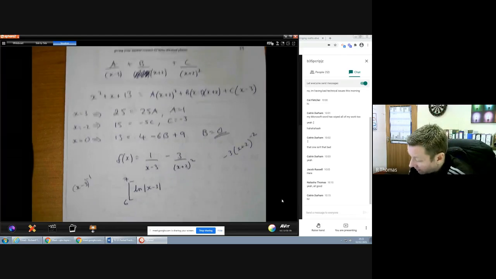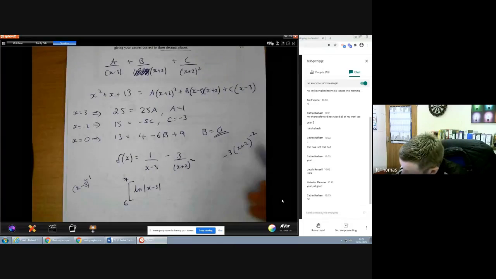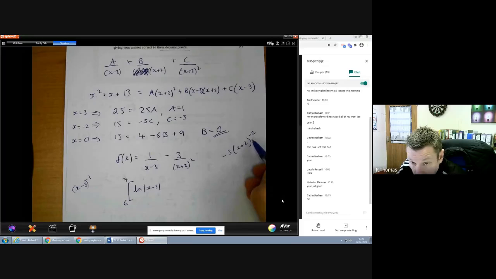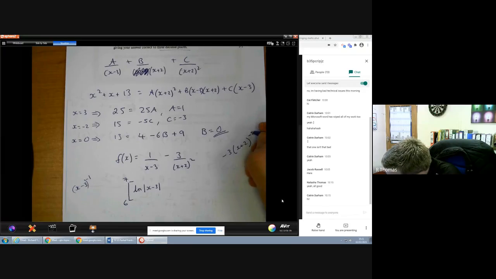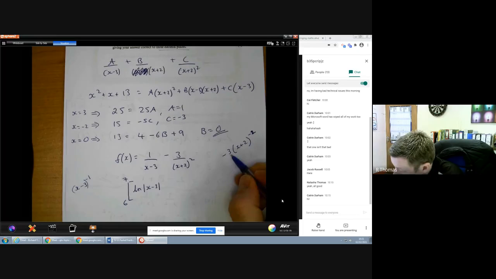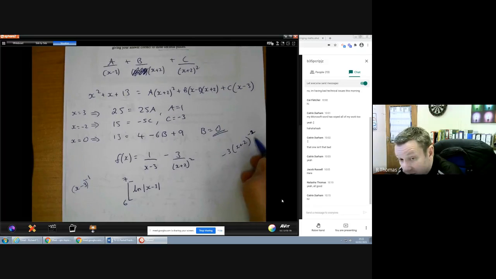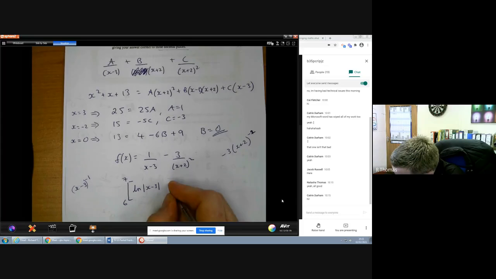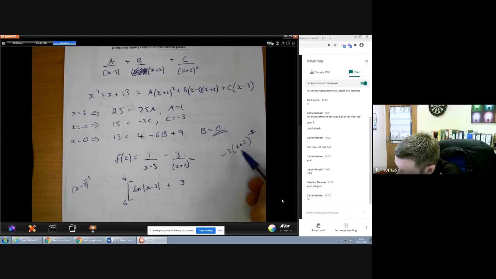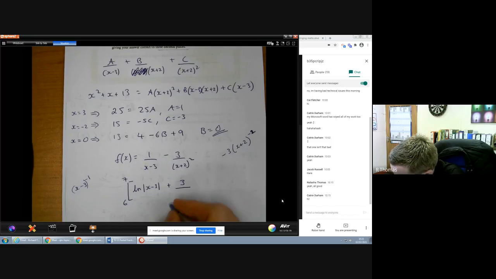If I'm integrating this, raise the power by 1, it becomes minus 1, and then divide by the new power. So I'm doing minus 3 divided by minus 1, which is plus 3. So that gives me plus 3, and then I'm going to write the (x plus 2) in brackets to the minus 1 back downstairs as a fraction.